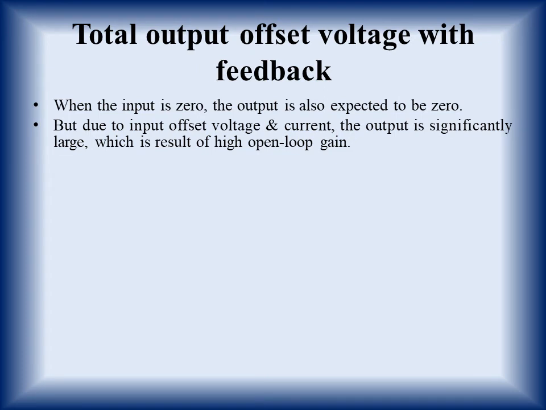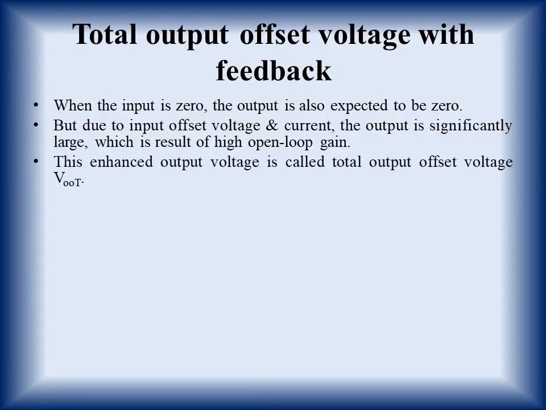But due to the input offset voltage and current that we have already defined, the output is significantly large. This results from the high open loop gain of the operational amplifier. This enhanced output voltage is called the total output offset voltage, VOOT.